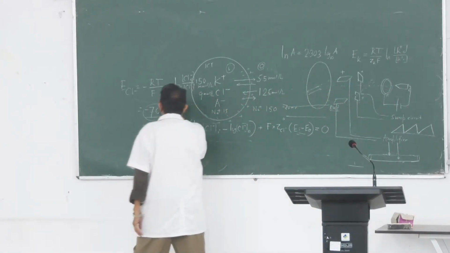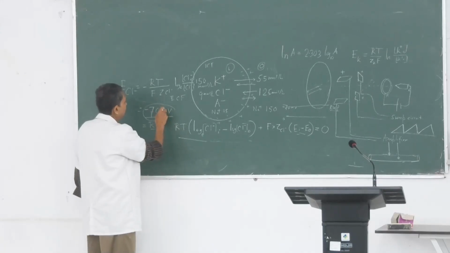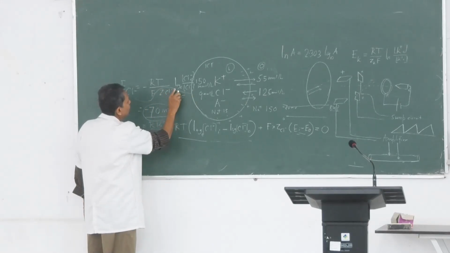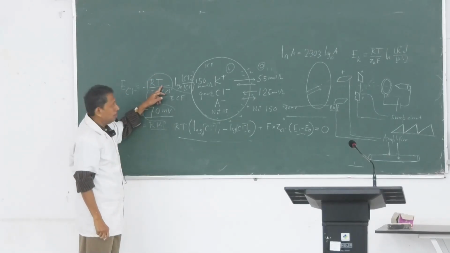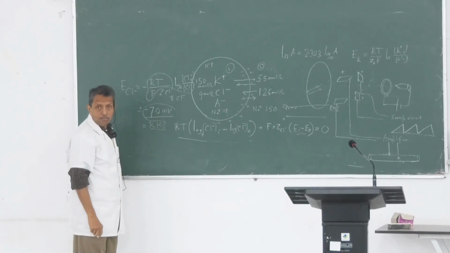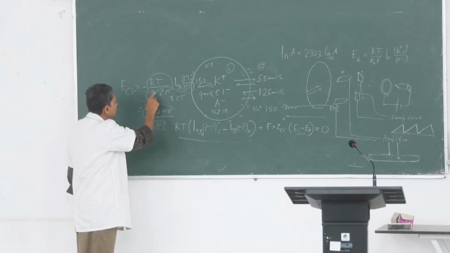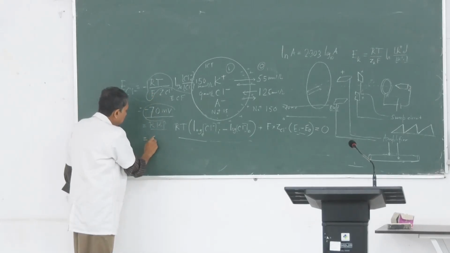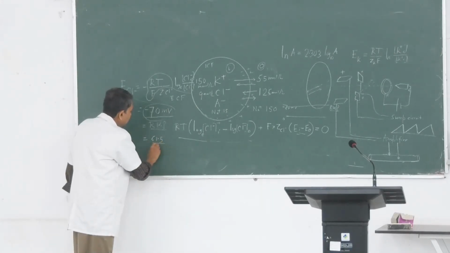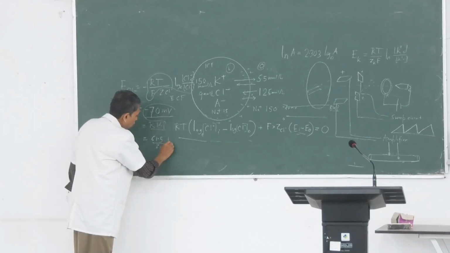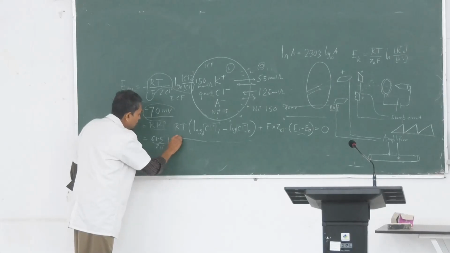now in this case, it is simplified. If you take this value, then it becomes simplified with base 10 logarithm and these numerical values, it will become 61.5 divided by ZCl, and log to the base 10 of chloride concentration outside and chloride concentration inside.